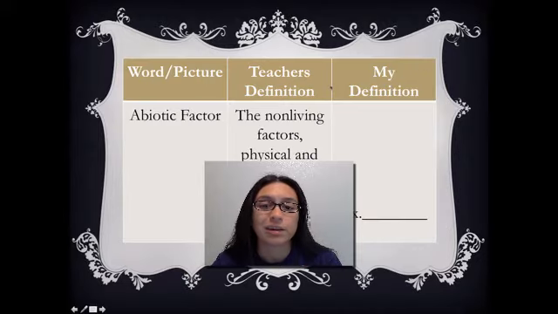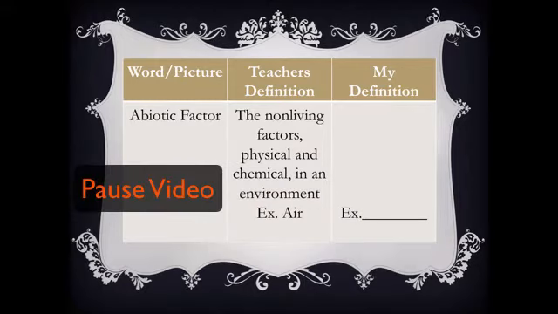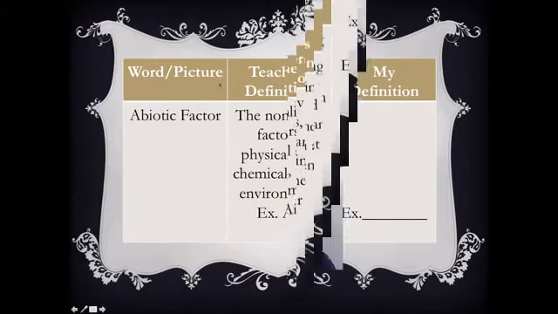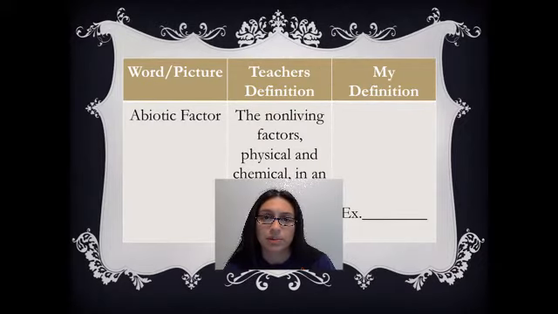Now in this video we're going to use the 3-column vocabulary. So the first word is abiotic factor. So go ahead and copy it down. Alright, so an abiotic factor is a non-living factor in the environment. Now the word itself can actually help us remember its meaning.